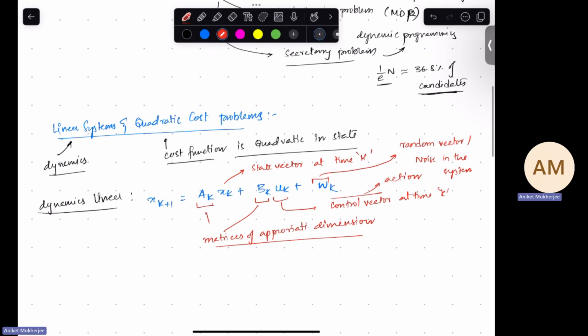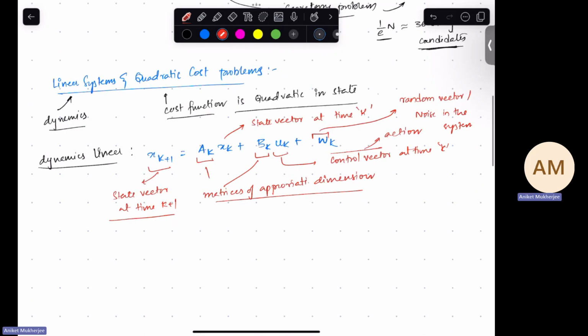And x_{k+1} is your state vector at time k+1. So this is the function x_{k+1} = f(x_k, u_k, w_k).